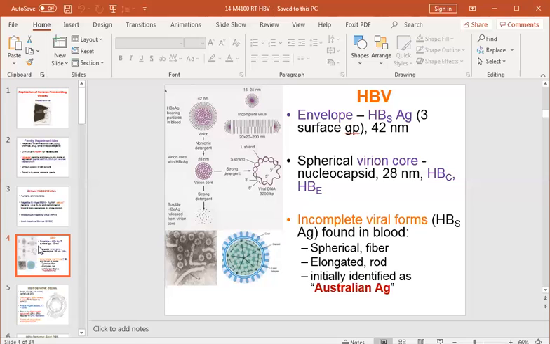We call these incomplete viral forms. These are either spherical or fiber shapes, or they can be elongated and rod shapes. These incomplete viral forms are found in the blood and are only one of the hepatitis B viral antigens. HBs antigen was initially identified as Australian antigen.